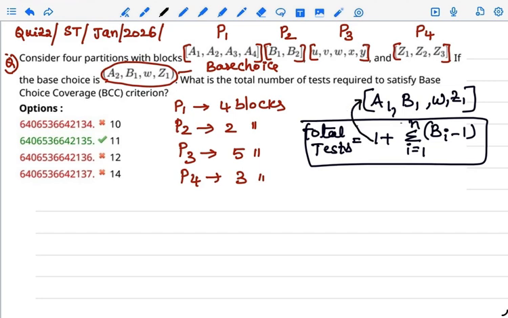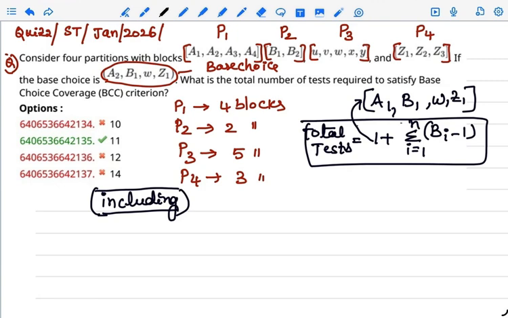If the question mentions including the base choice or excluding the base choice, if they are asking including, you add plus 1. If they are asking excluding the base choice, you don't add plus 1.